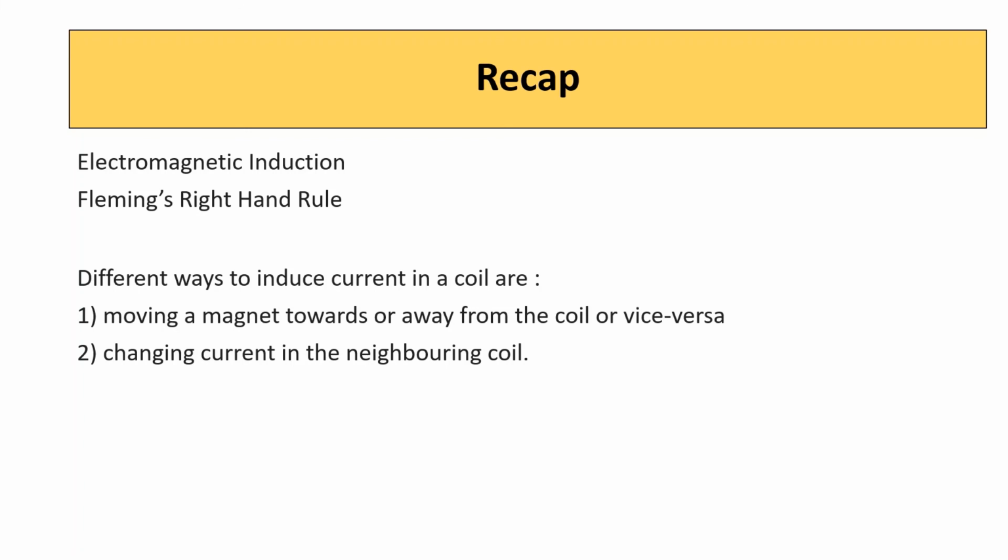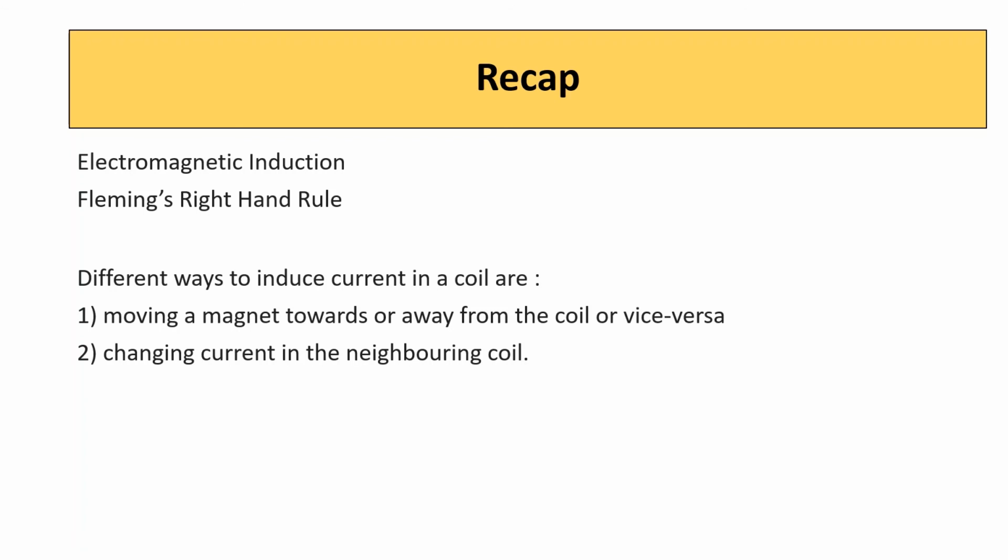In this session, we learned about electromagnetic induction. What is electromagnetic induction? Electromagnetic induction is the process by which a changing magnetic field in a conductor induces a current in another conductor, that is, the production of electricity from magnetism. We also learned Fleming's right-hand rule, which is used to find out the direction of the induced current.